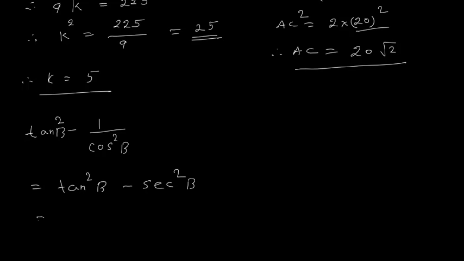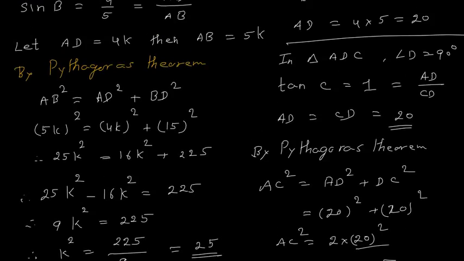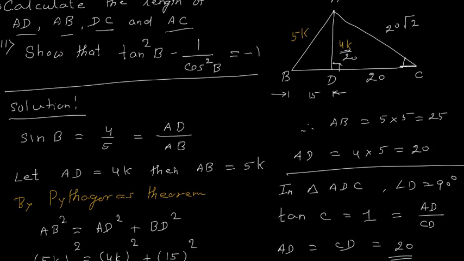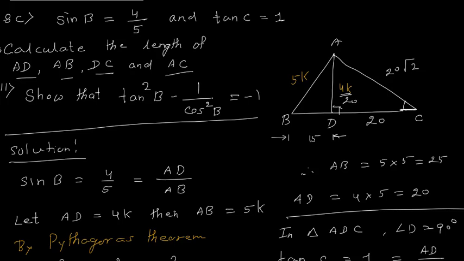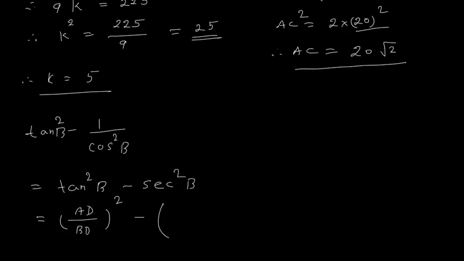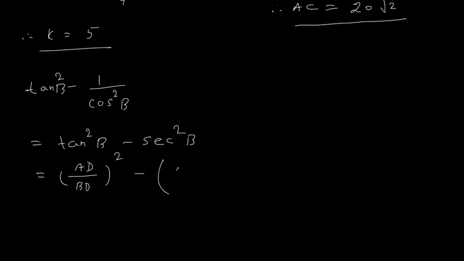What is the value of tan B? See the diagram. Tan B is AD upon BD. So tan B is AD upon BD the whole square minus sec. Sec is what? Hypotenuse upon adjacent. So hypotenuse is AB upon BD. So this is AB upon BD the whole square.